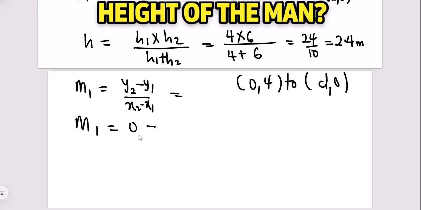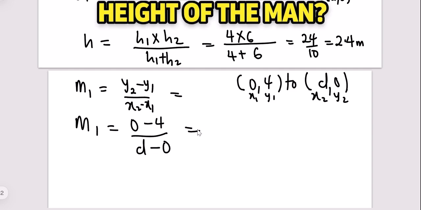You can use the other approach here, which is y2 minus y1, where the points are x1, y1, x2, y2. So y2 minus y1 is 0 minus 4, divided by x2 minus x1, which is d minus 0. So here, I'm going to have negative 4 over d.